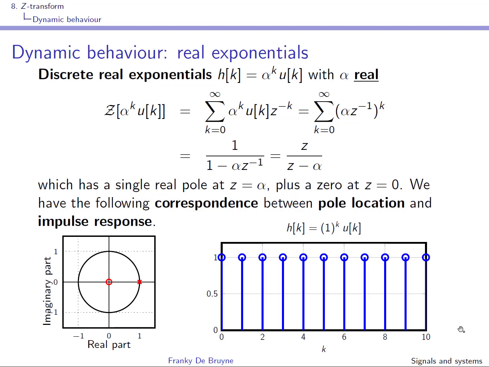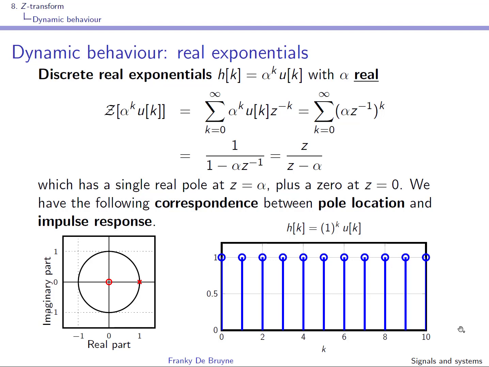We will not focus on the position of the zeros in this course, so let us focus on the position of the real pole at z equal to alpha, and here we have a case where alpha is 1, so the pole is located on the unit circle.